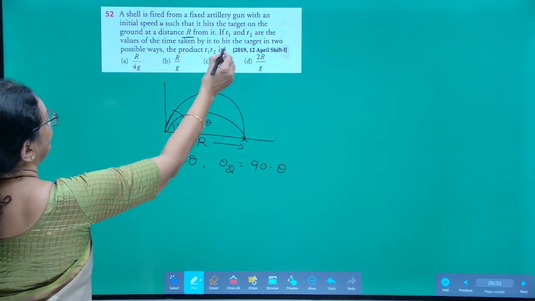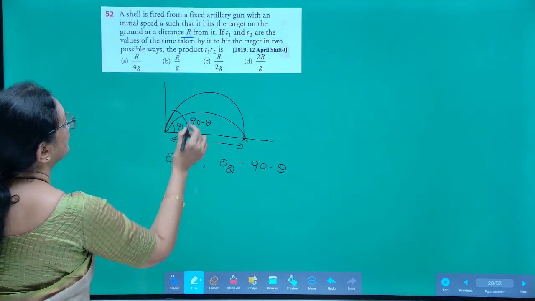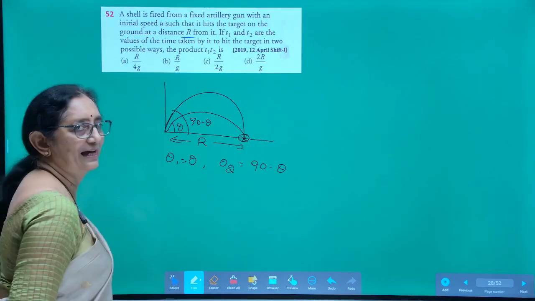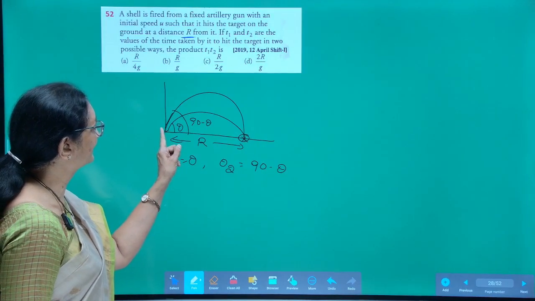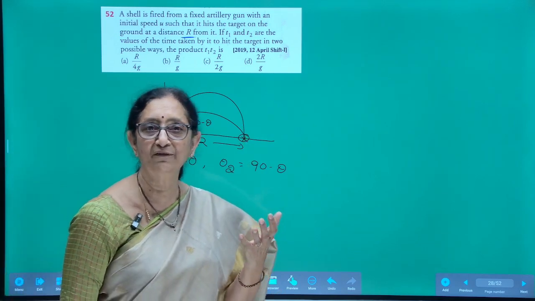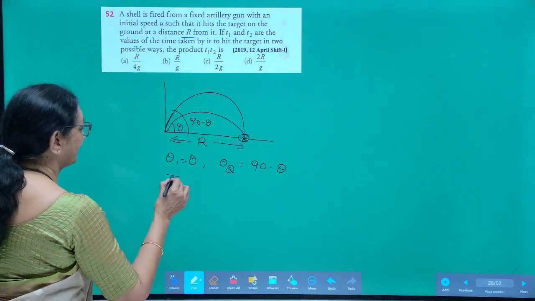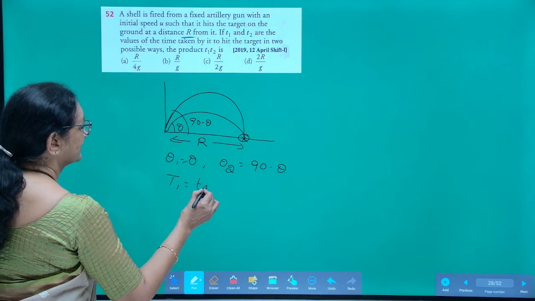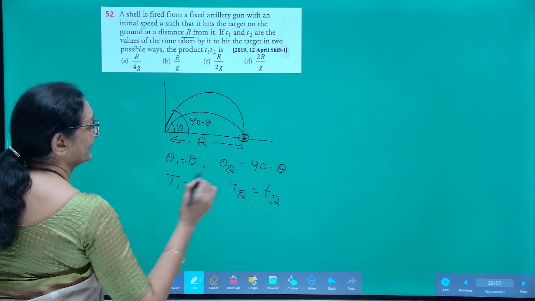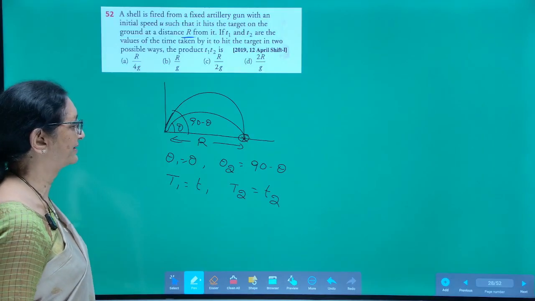Then T1, T2 are values of times taken to hit the target. We call the time taken by the projectile to reach this point the time of flight. So, times of flight are given as small t1 and t2. In the second case time of flight is t2, in the first case it is t1.